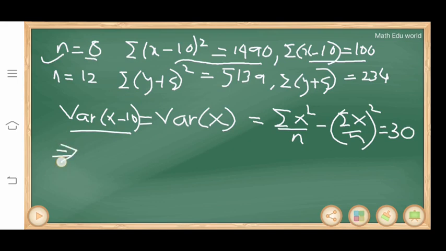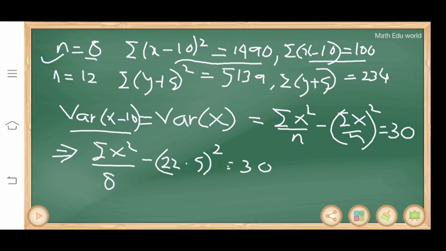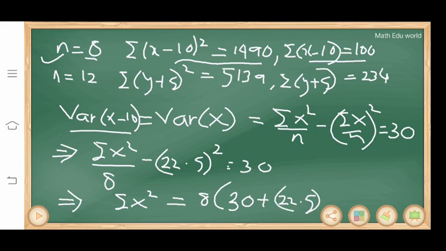So it implies sigma x squared by 8 minus (sigma x by n, which we already found as 22.5) the whole square is equal to 30, which implies sigma x squared is equal to, taking 22.5 squared to the right side and cross multiplying by 8, 8 into (30 plus 22.5 squared), which is equal to 4290.